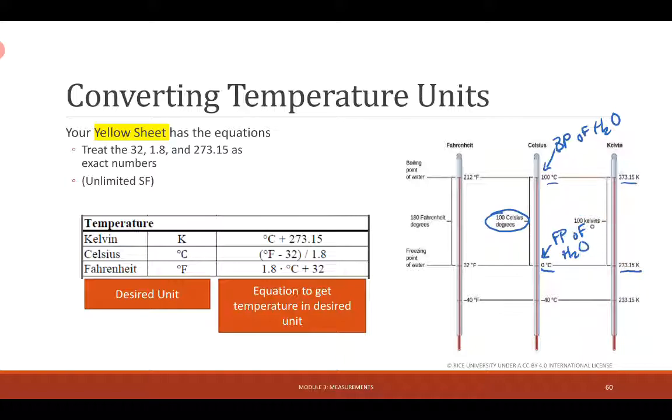It's a bit different when we're talking about Fahrenheit because the spacing between the different temperatures on Fahrenheit is different. For Fahrenheit, there are 180 degree increments between the freezing point of water and the boiling point of water, and that's different than Celsius. And so the ratio between 180 and 100 is 1.8. So 180 divided by 100 is equal to 1.8, and that's where this 1.8 comes from.